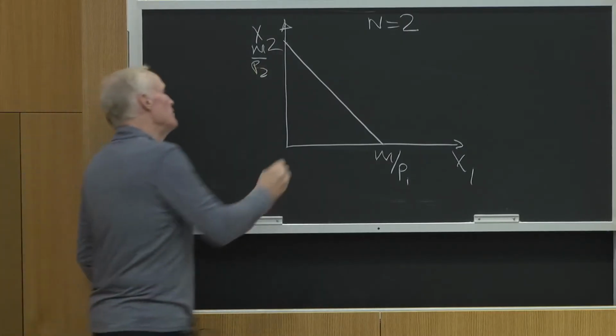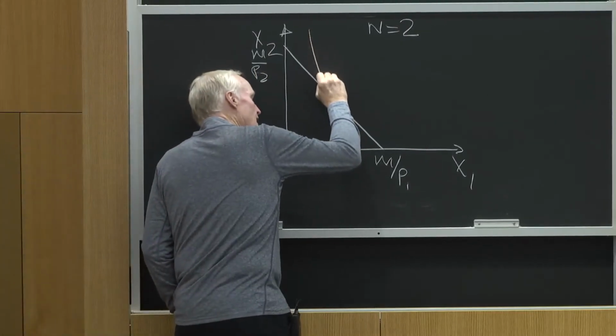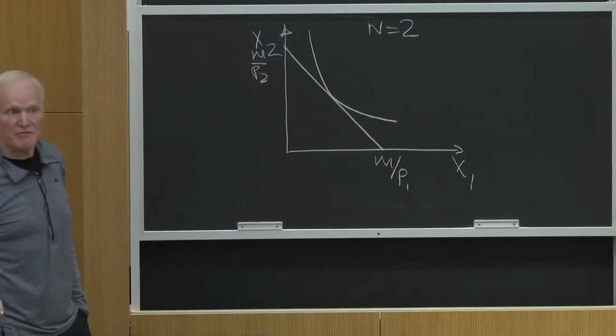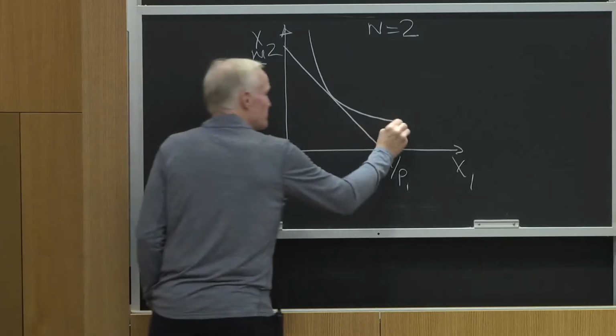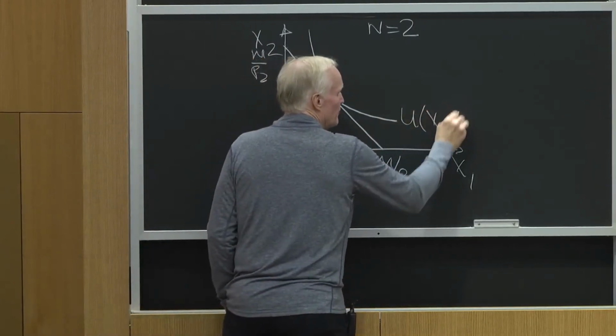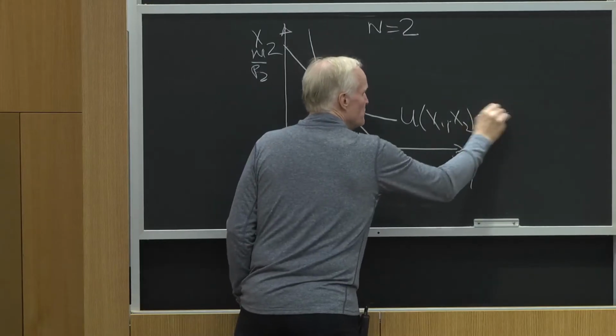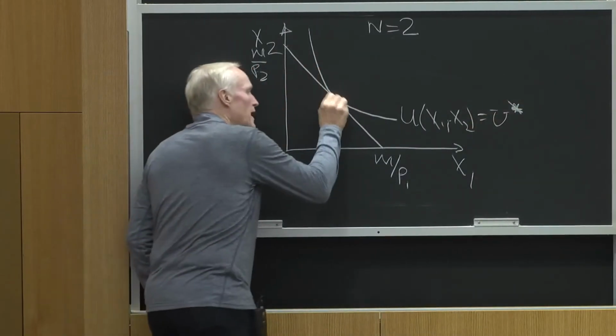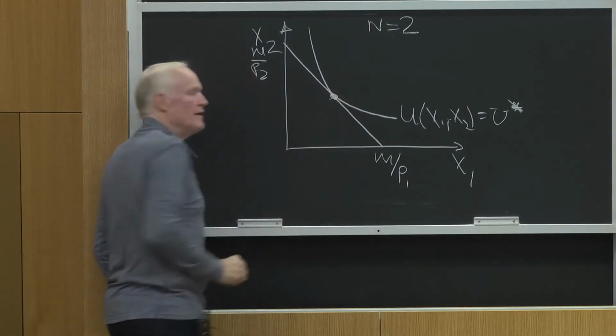My equilibrium looks like that. This is the indifference curve that I'm on, u of x1, x2 equals some u star, which is the maximum utility I can obtain. And there's my equilibrium right there.